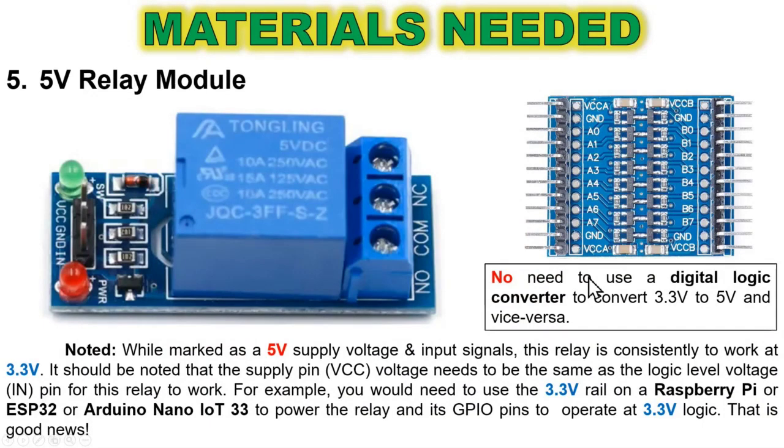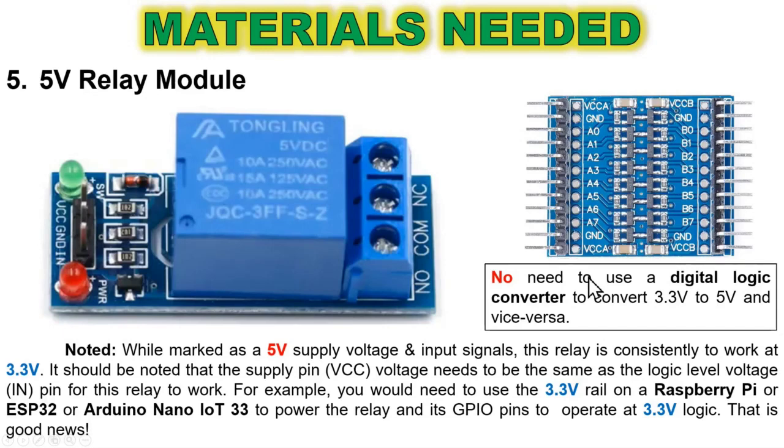Note that the 5-volt relay module, which is marked as a 5-volt supply voltage and input signals, is consistent to work at 3.3 volts. It should be noted that the supply pin or VCC voltage needs to be the same as the logic level voltage pin for this relay to work.